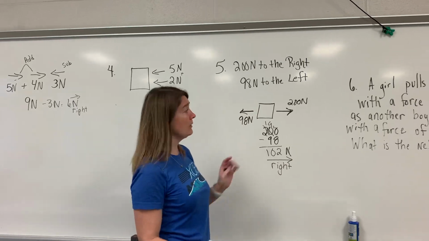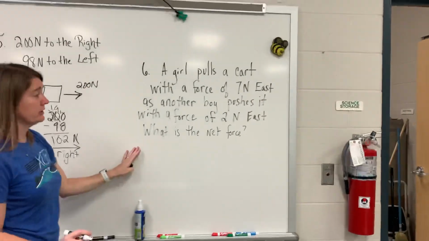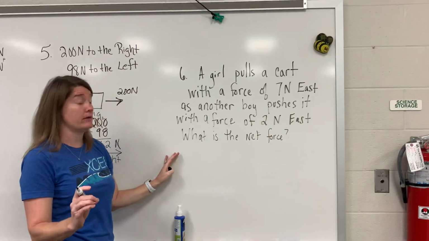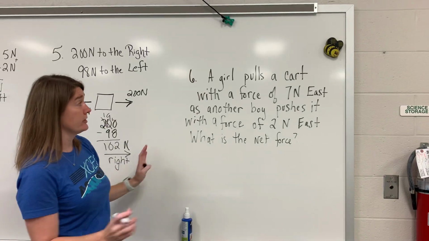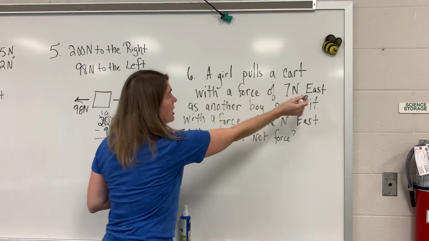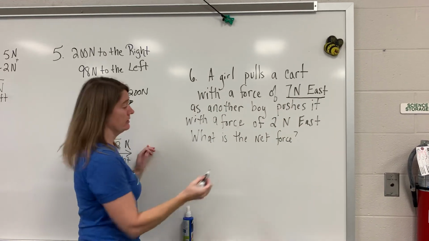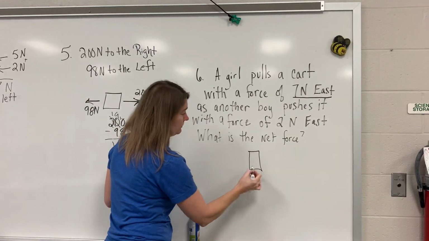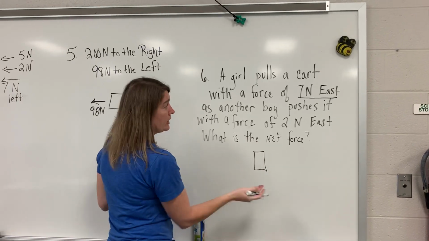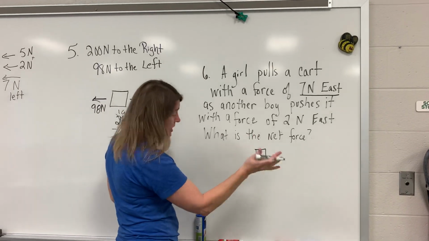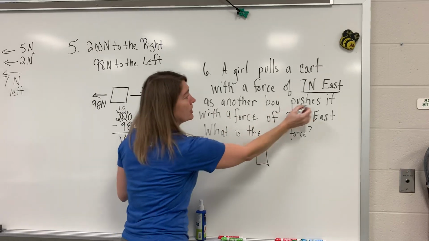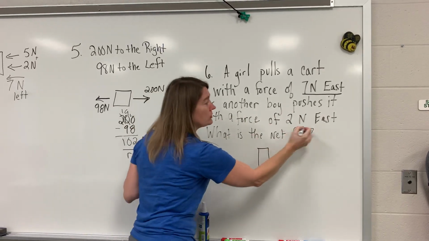All right, last example. So you have some written responses on Friday, or word answers. A girl pulls a cart with a force of 7 newtons east. So you could put a little box. She's pulling it east, and another boy pushes it with a force of 2 newtons east.